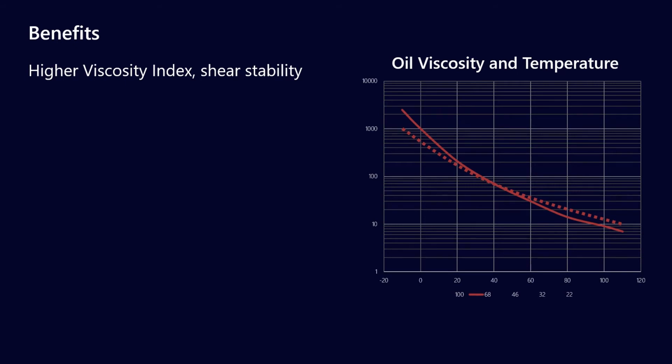And these additives are long chain polymers, which generally under high shear can break, right? And that's what reduces your shear stability. In a synthetic PAO lubricant, we don't need those viscosity modifiers, and therefore it is inherently a more shear stable finished product.